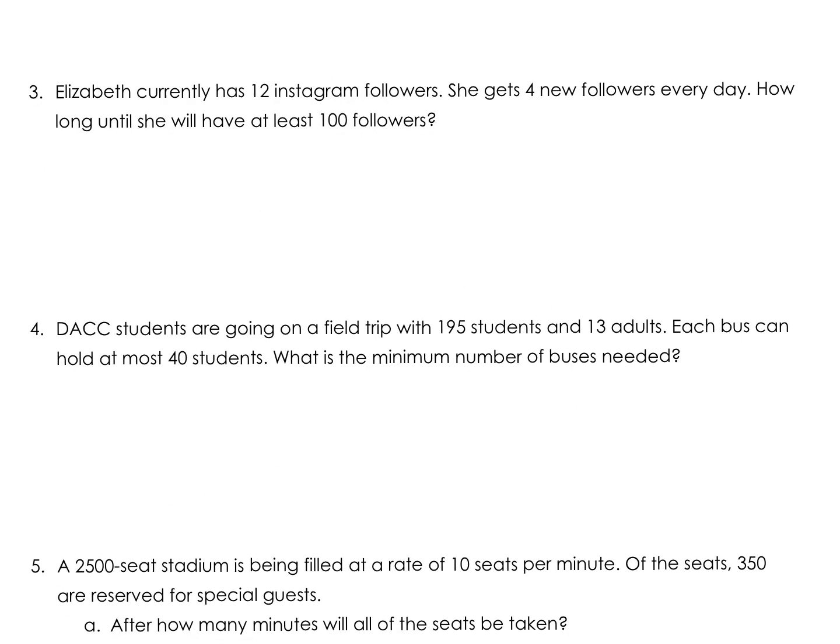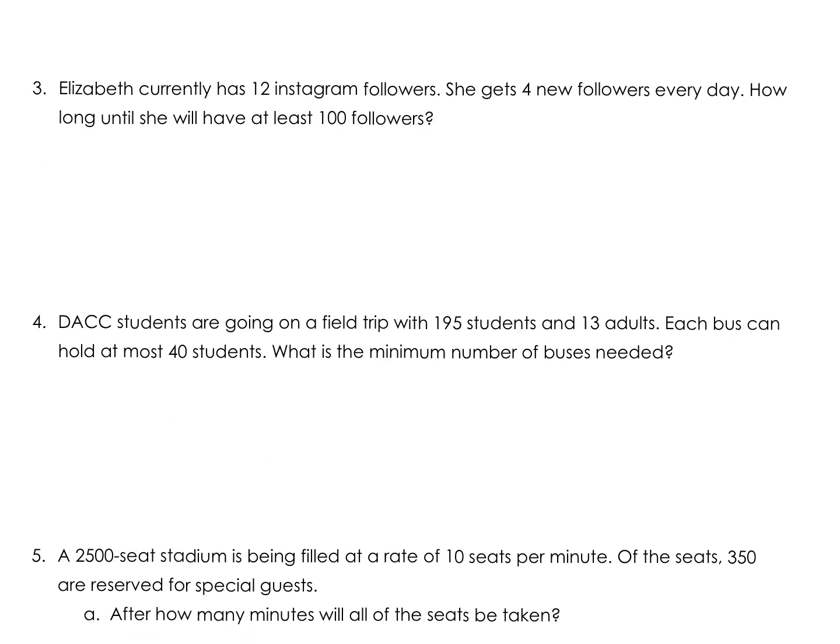All right. In our next example, we have that Elizabeth currently has 12 Instagram followers. She gets 4 new followers every day. How long until she will have at least 100 followers? So I'm going to have D equal our number of days.